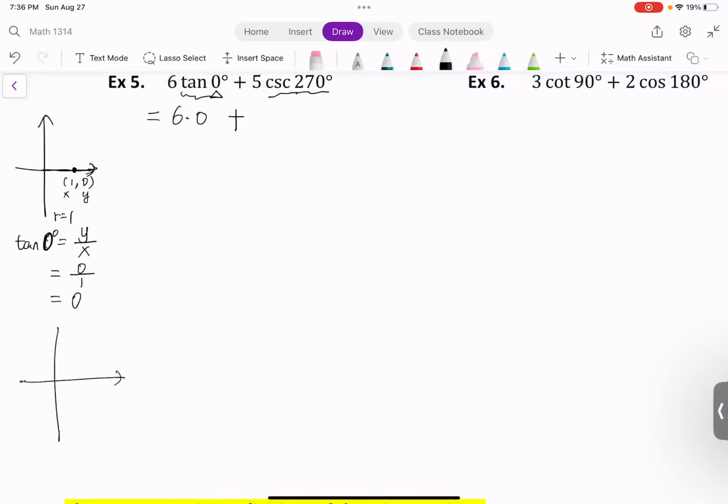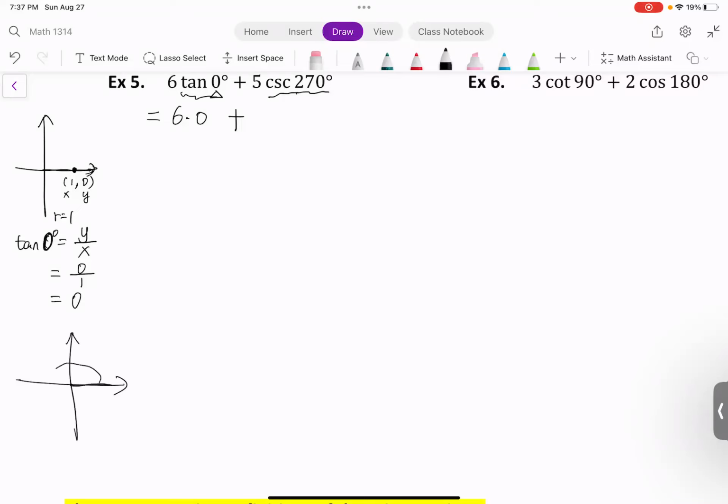So let's find where the 270 is, because this is a positive angle. We are rotating counterclockwise. From here, initial side, doing this rotation, and then stop here. Let me make a better one.